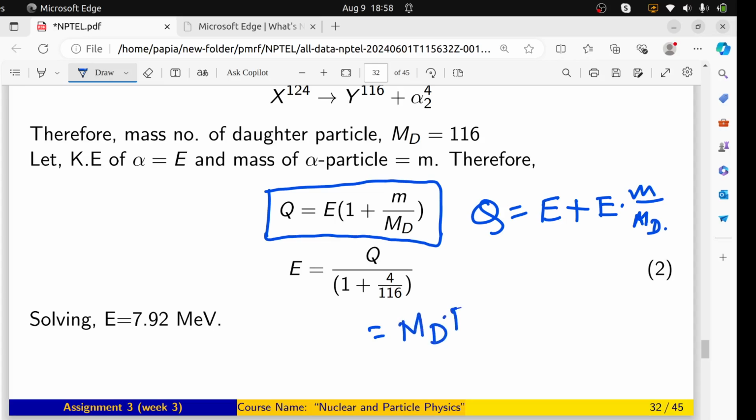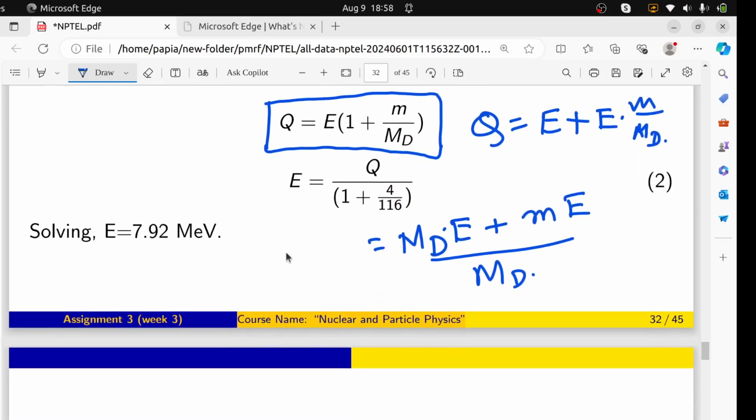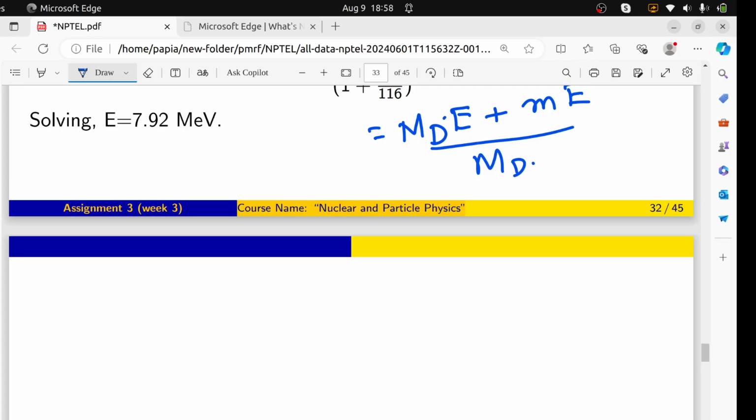MD into E plus M into E divided by MD. That can also be written as Q equals to MD into Q equals to MD into E plus M into E.